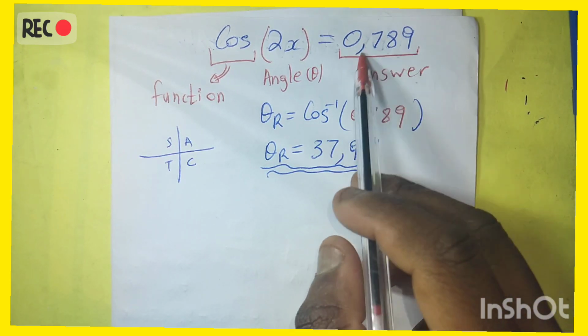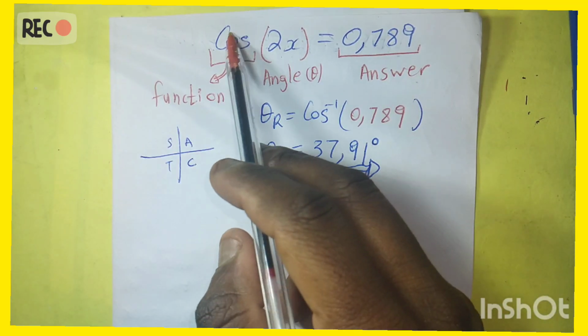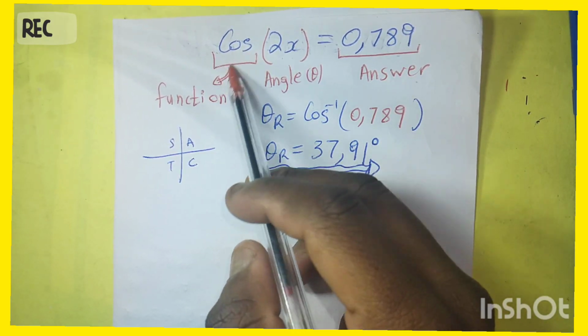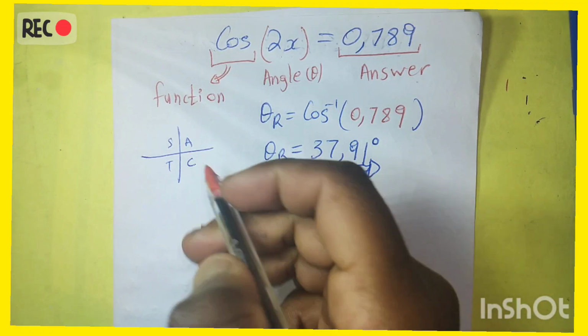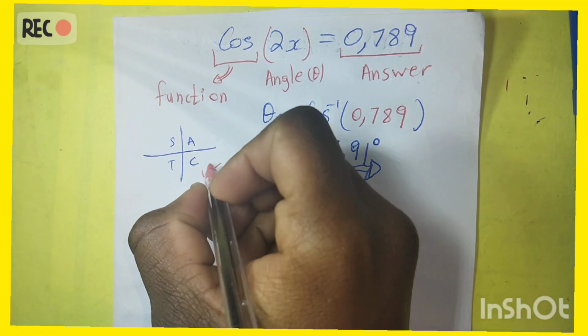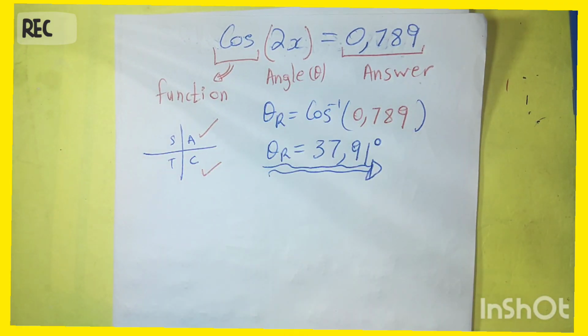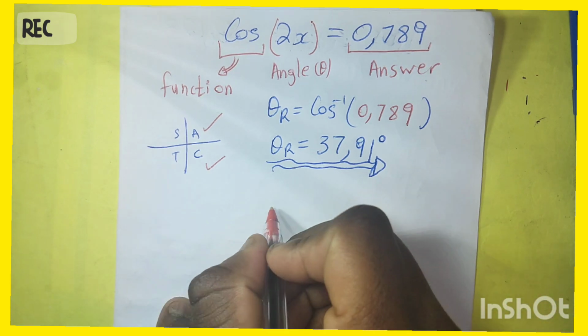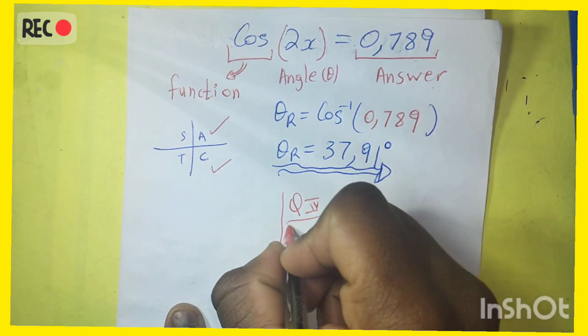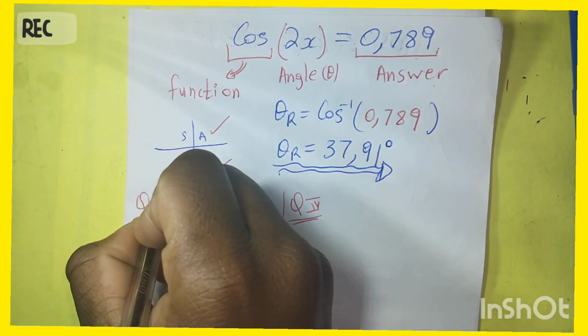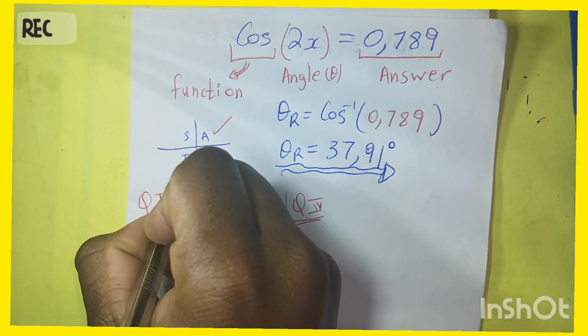As I see that answer is positive, it tells me that the cos, guys, is also positive. The function is also positive, meaning the function will be positive on the fourth quadrant and on the first quadrant. So that tells me that a general solution will be on a fourth quadrant, and at the same time, on a first quadrant.